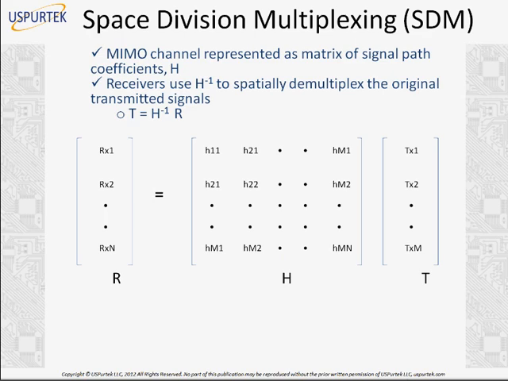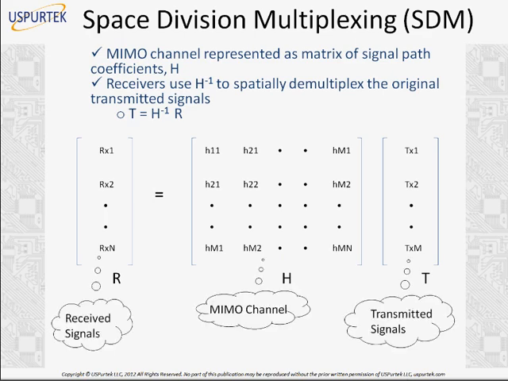Now, once we determine these signal coefficients in a MIMO system, this is how we represent this mathematically. A matrix is formed out of it, H11, H21, and so on. And this represents the MIMO channel, a mathematical representation of a MIMO channel. Each of these values represents the amplitude and phase response.